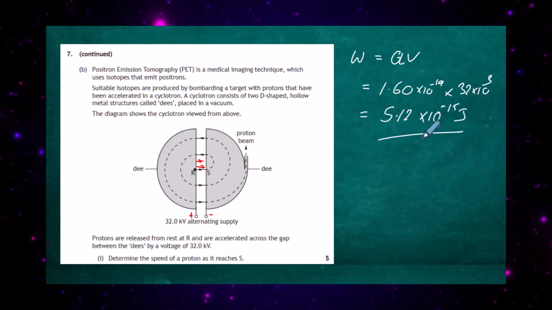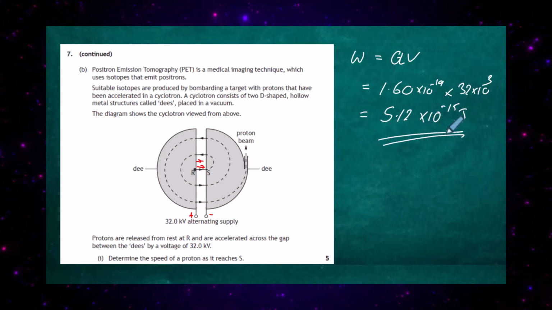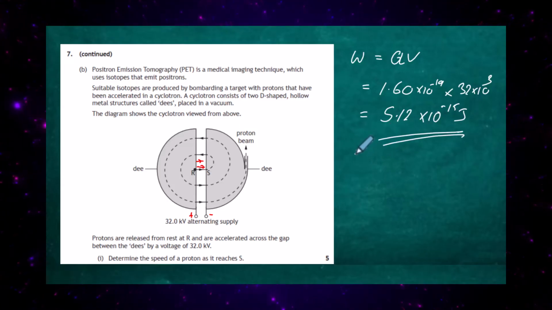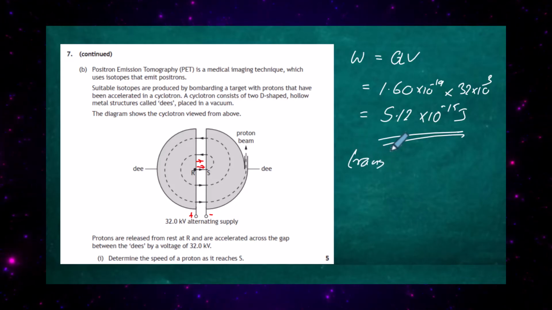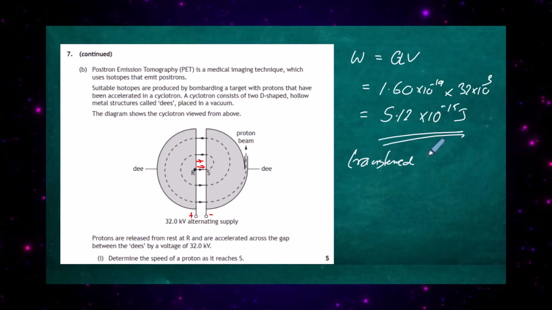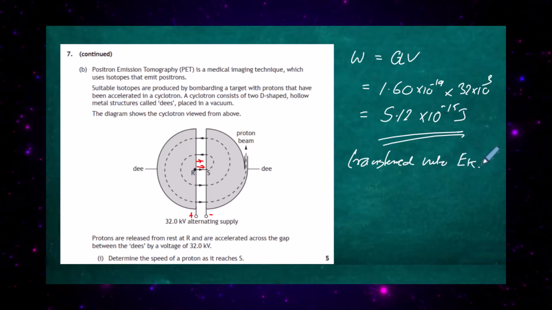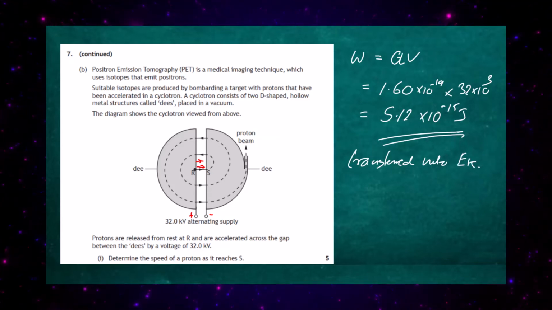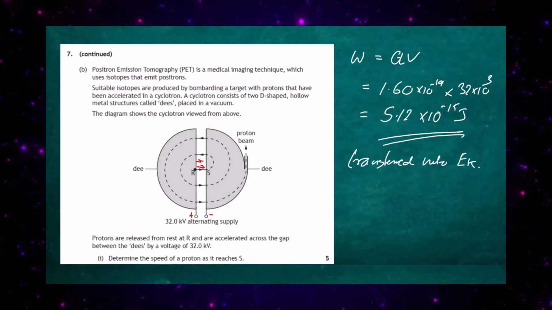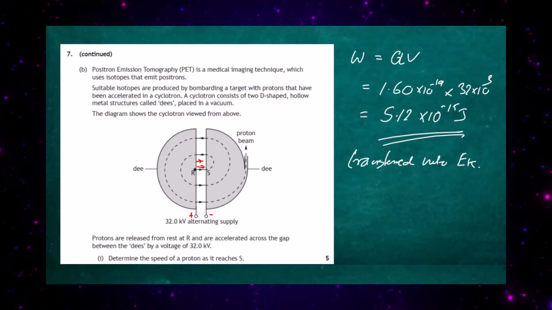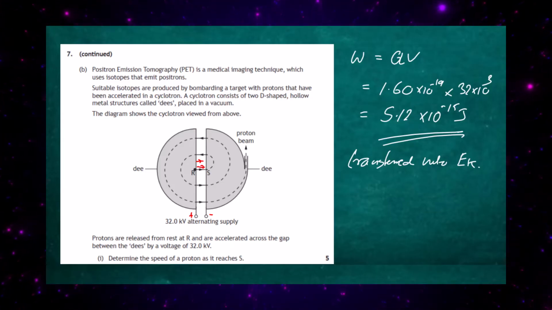So that's the work done on the proton, and that is going to be transferred into kinetic energy. So at position S, the proton's going to have kinetic energy exactly equal to 5.12 times 10 to the minus 15 joules.